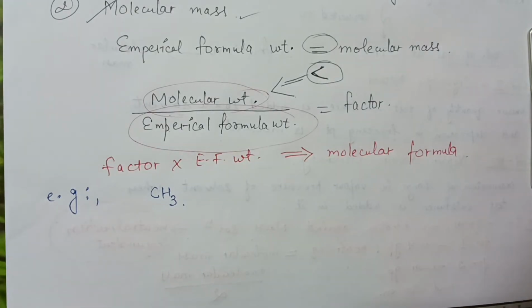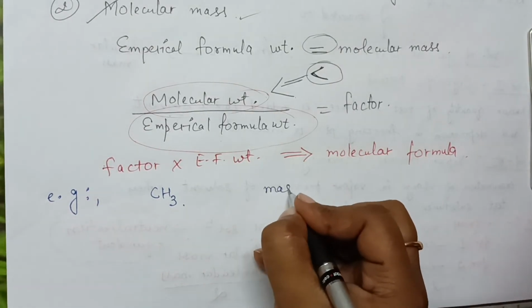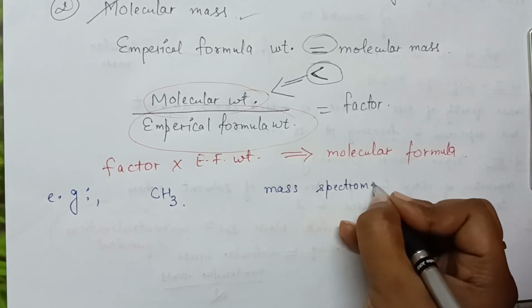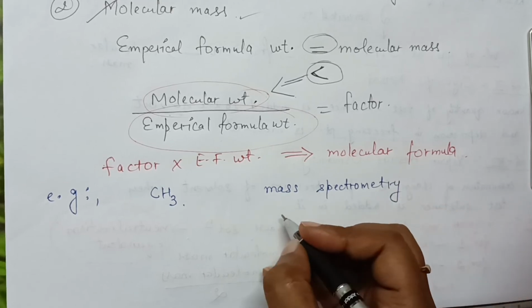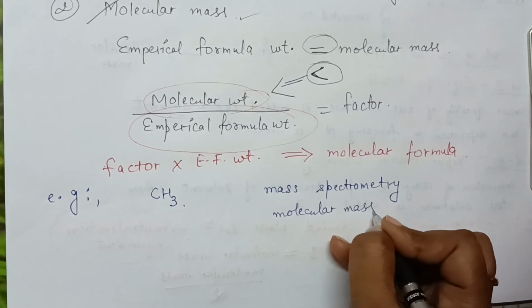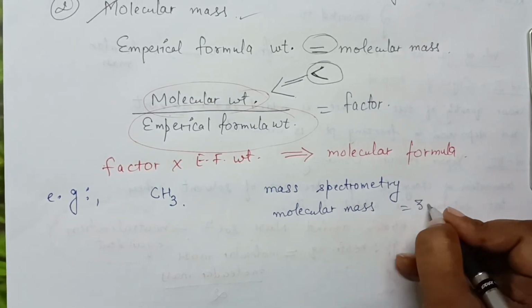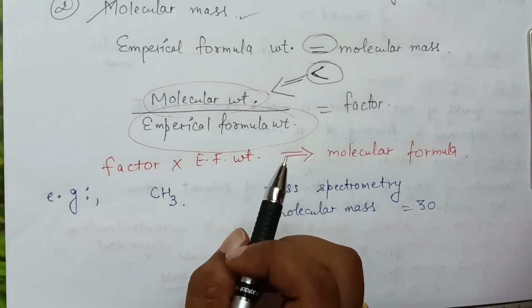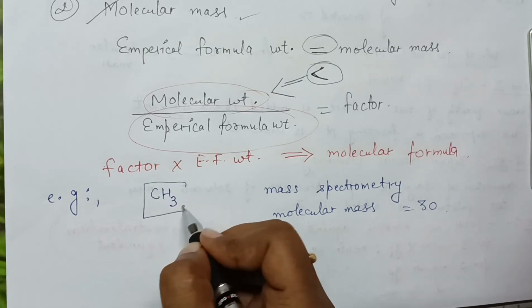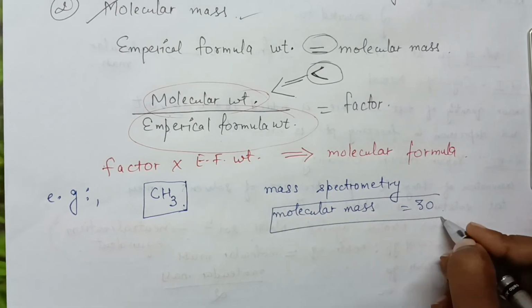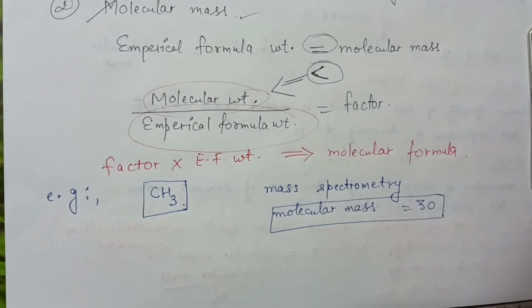Now suppose, using mass spectrometry, we found the molecular mass of that compound to be 30. So using the analyses we found this information, and using mass spectrometry we found that information. Now we want to find the molecular formula of the compound.